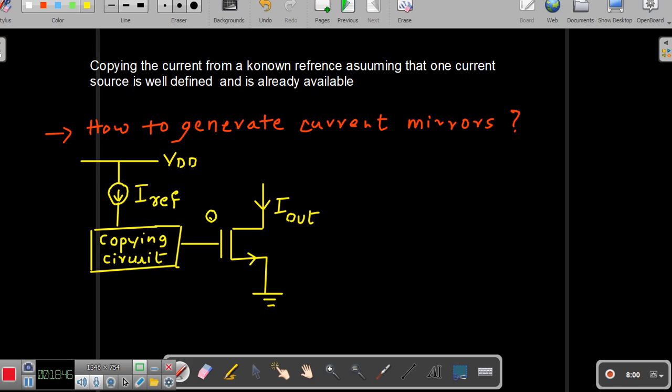This is my transistor Q, and needless to mention that this is drain and this is source, because this is gate. So this is the copying circuit.